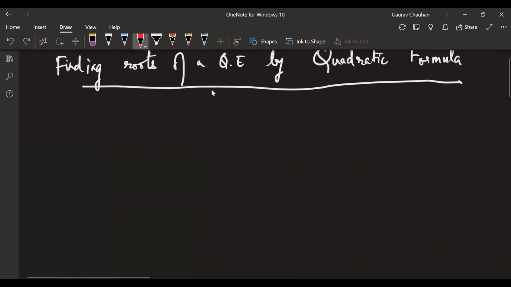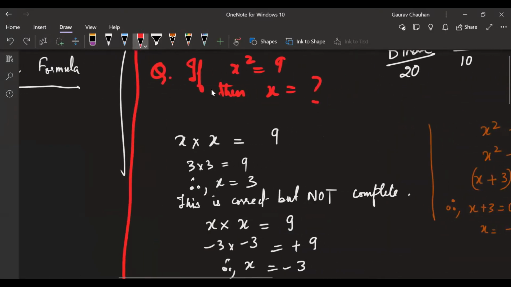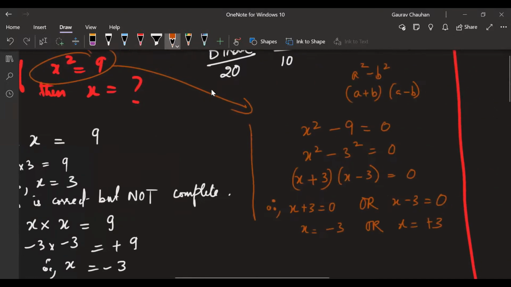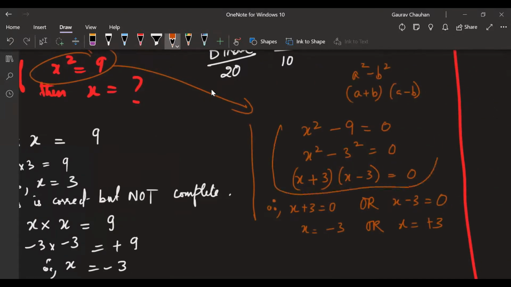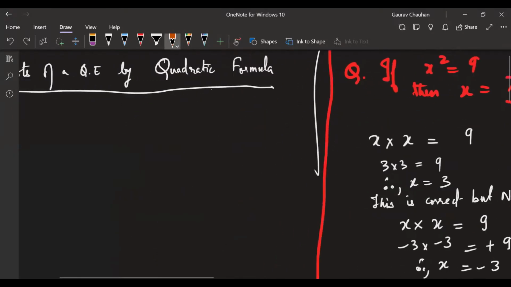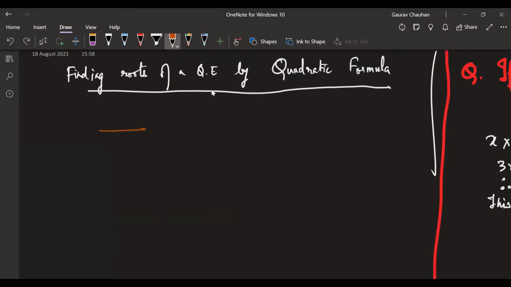Now, guys, this simple quadratic equation can be solved by factorization like this, and finally we get two roots. We have also seen that when we were factorizing a quadratic equation, we were getting two linear terms, some linear term into some linear term, whenever it is possible.